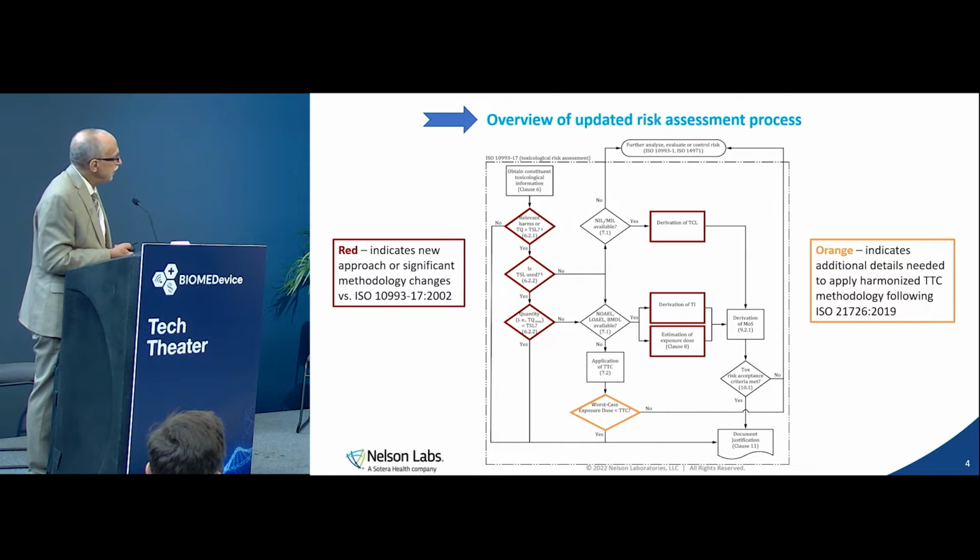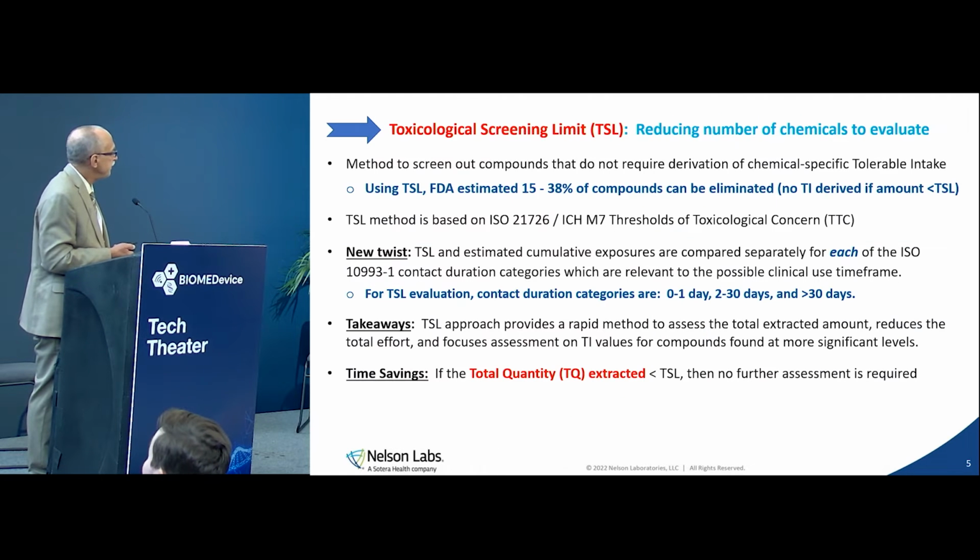And third, there's one not just for systemic endpoints, but also for contact irritants. I'll call it the tolerable contact level, that's changed just slightly. And lastly, there are some uncertain areas that haven't been fully harmonized yet, like how you apply a generic TTC, a form of a screening threshold for unknowns.